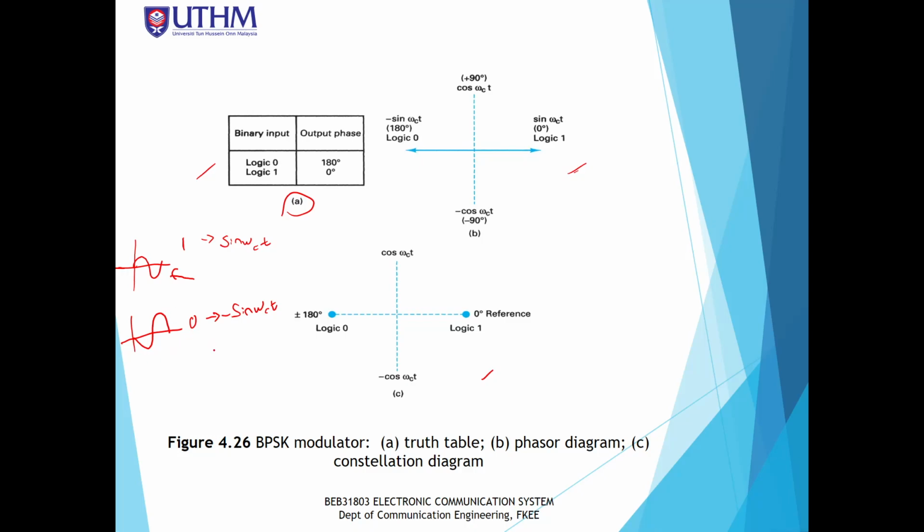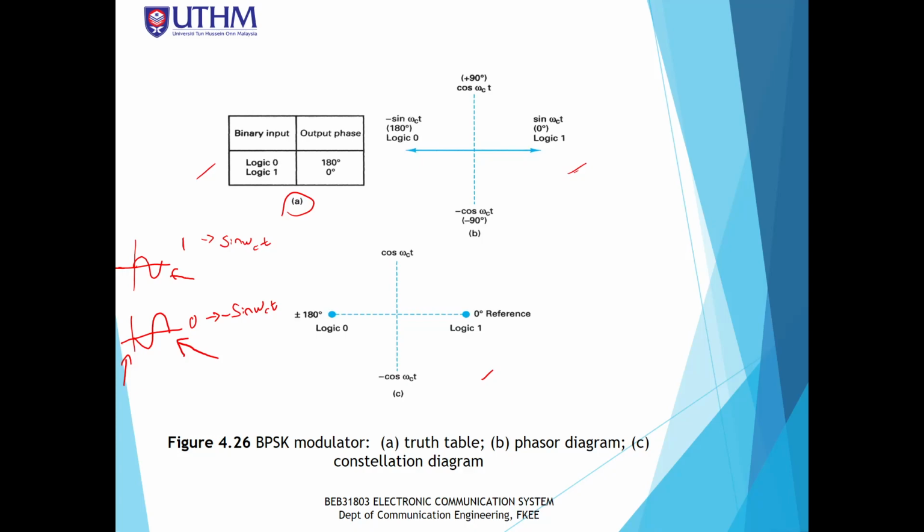Whereas for input logic 0, since we are producing negative sine, we are actually inverting, changing the phase by 180 degrees. When inversion occurs, it is actually a 180 degree phase shift. So logic 1 uses a normal sine wave, but for logic 0, it is inverted. So the inversion means there is a 180 degree phase shift.